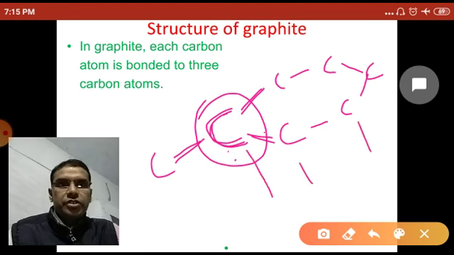Many hexagonal ring-like structures of carbon are attached to other hexagonal plates by a weak van der Waals force.